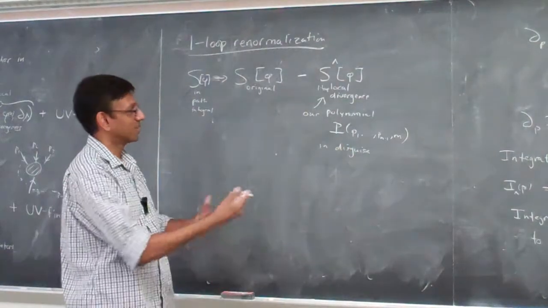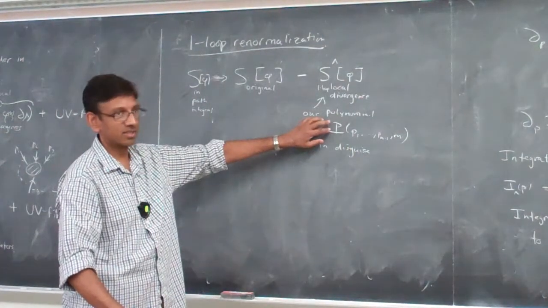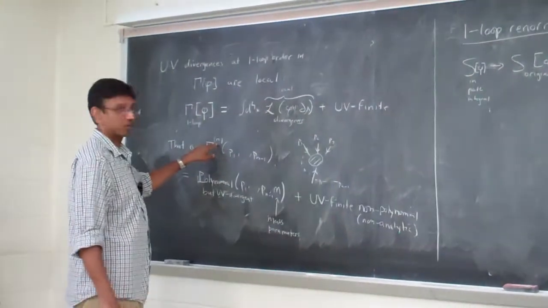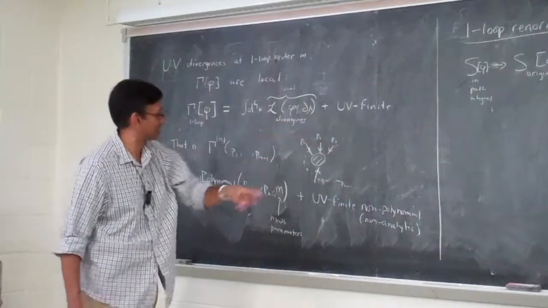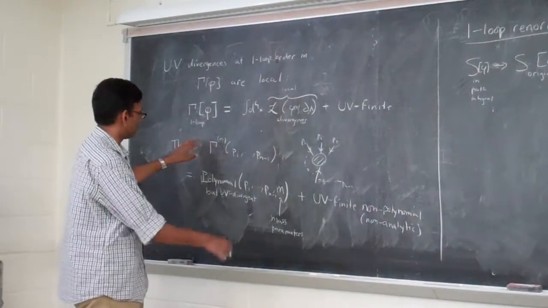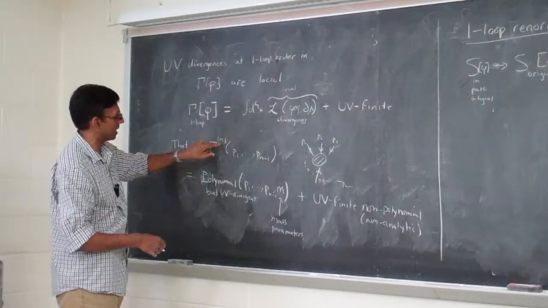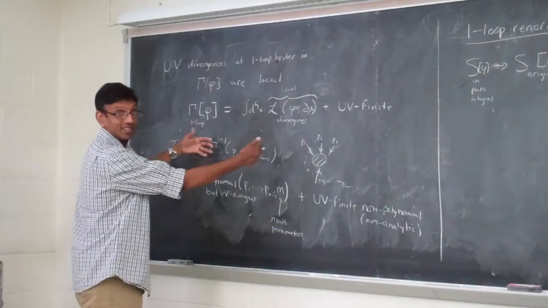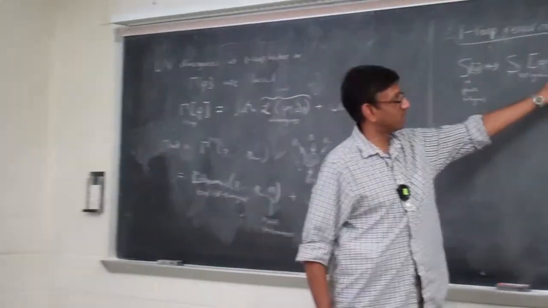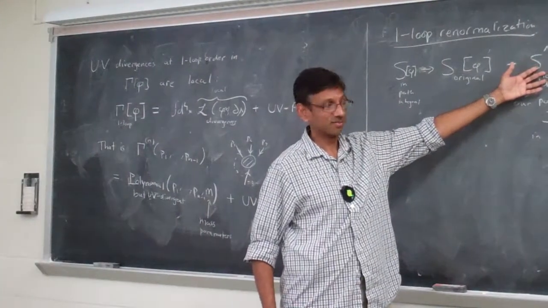Okay, if I Fourier transform back, this just becomes some gamma n contribution. It's the divergent piece in this gamma n. To get gamma of phi, the gamma n gets multiplied by phi's, in which case you end up with a local action, right?